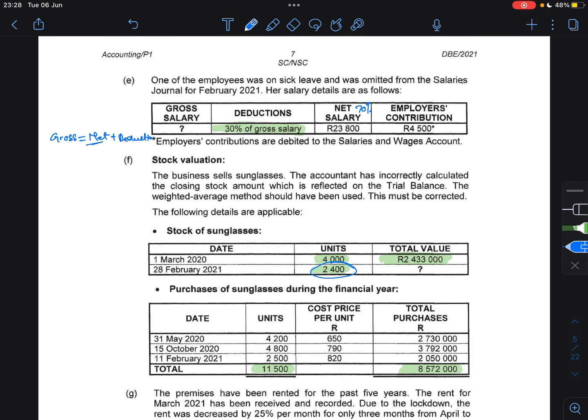Remember, your net salary is what you get after you've paid your taxes and all of that. Now, employers' contributions, there's a star here, which means the next information is related to employers' contributions. Employers' contributions are debited to the salaries and wages account, so we should also add this amount to the salaries and wages account.